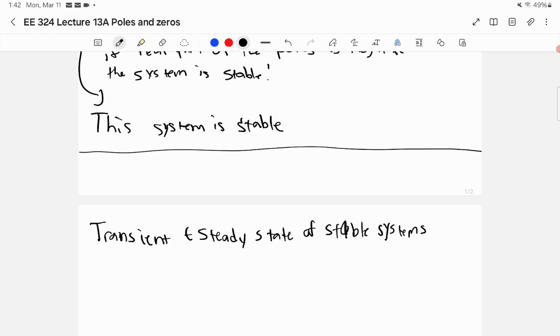If the system is unstable, even if it only has a single mode, for instance, that is unstable, then it makes no sense to talk about the transients or the steady state, because at least one of the modes will end up growing towards infinity, which will drag the whole system off to infinity.